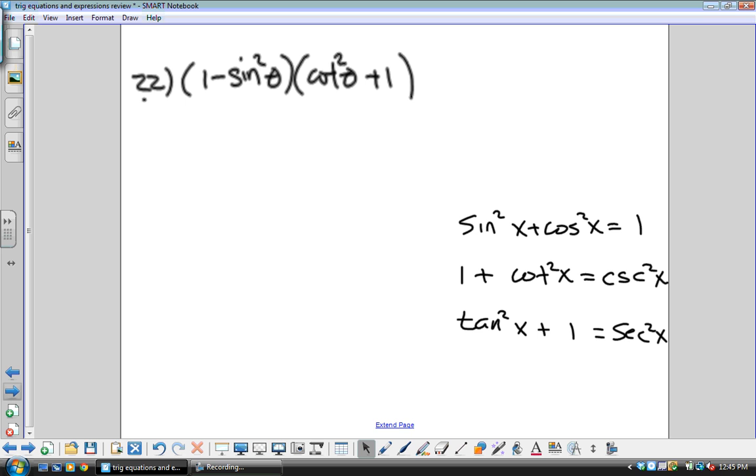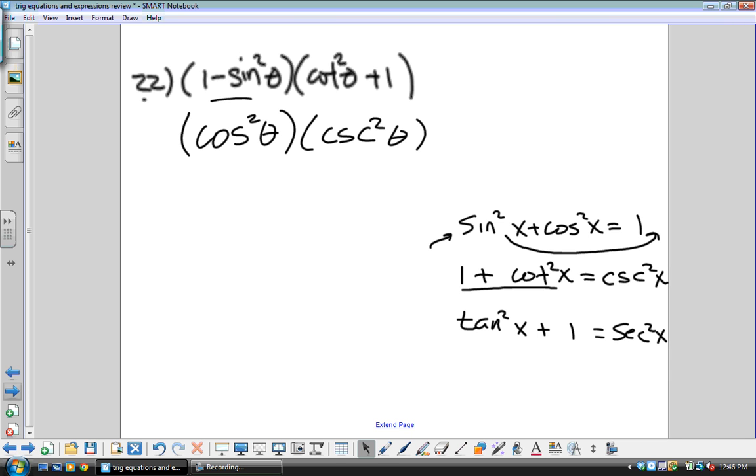Okay, so now let's notice 1 minus sine squared. Let's see how we can take this identity and manipulate that to see what that would be. So to get 1 minus sine squared, I would just simply subtract this over. And so 1 minus sine squared is cosine squared theta there. Now for cotangent squared plus 1, well, that's just cosecant squared.